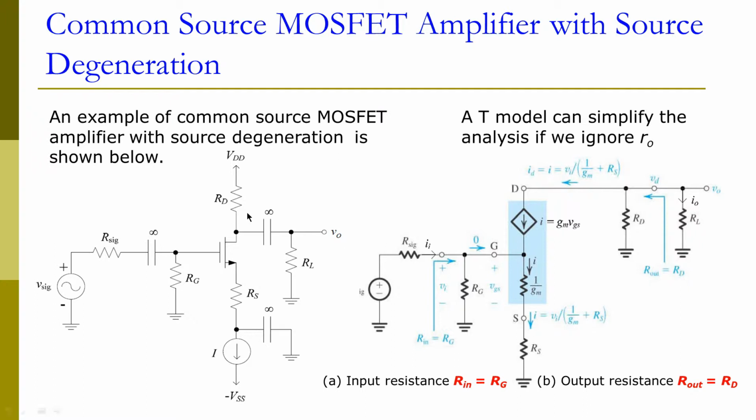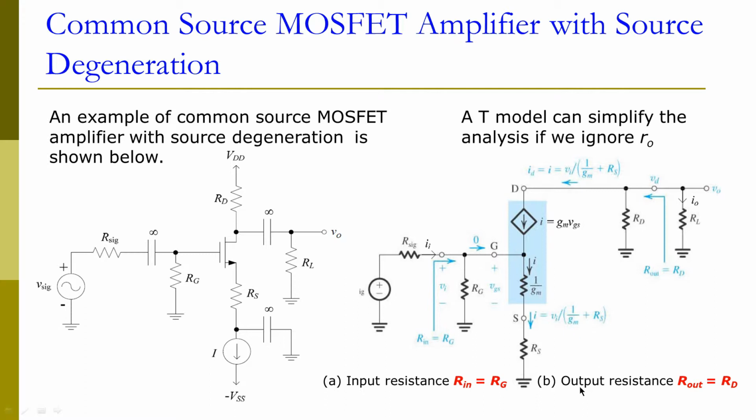In this case, we can use a T-model to model the circuit, and a T-model will simplify the analysis if we can ignore the output resistance of the transistor. From here, we can easily get our input resistance, Rin equals RG, because there's no current into the gate.